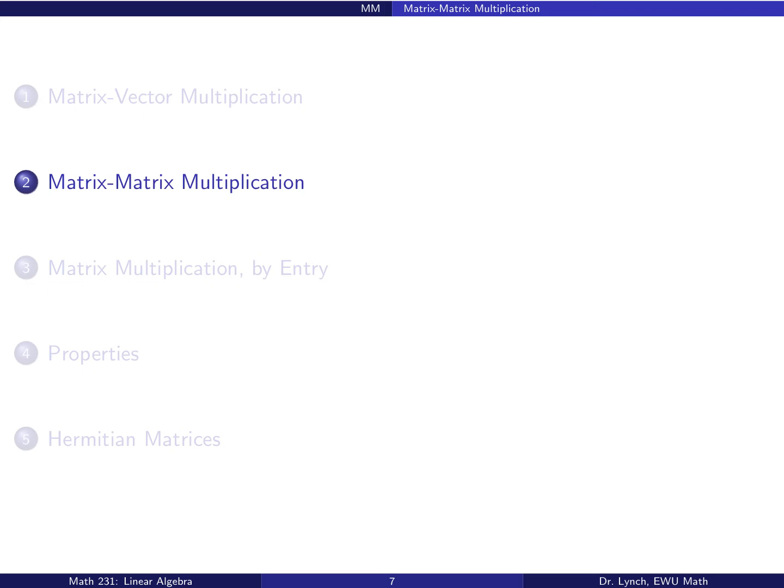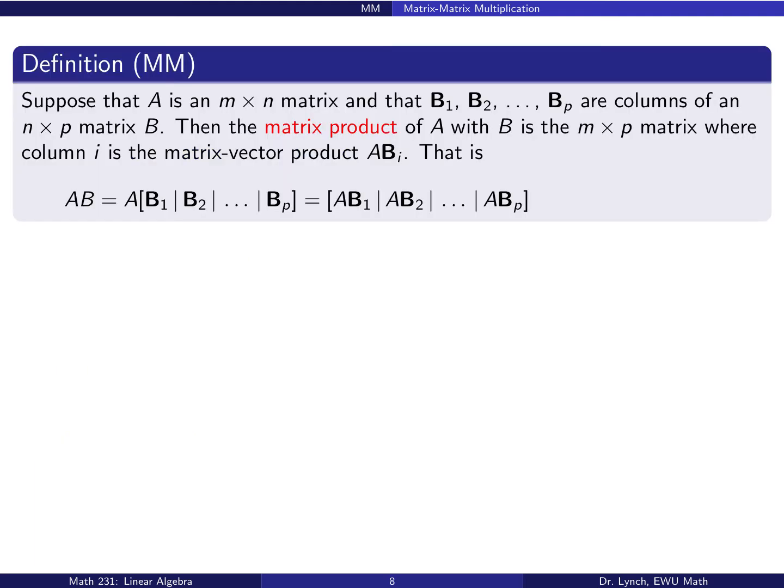Okay, so let's go ahead and talk about matrix multiplication. Matrix multiplication as we define it is a whole bunch of matrix vector multiplication. So here's the definition. If A is m by n and B is n by p, then the matrix product AB is well defined.